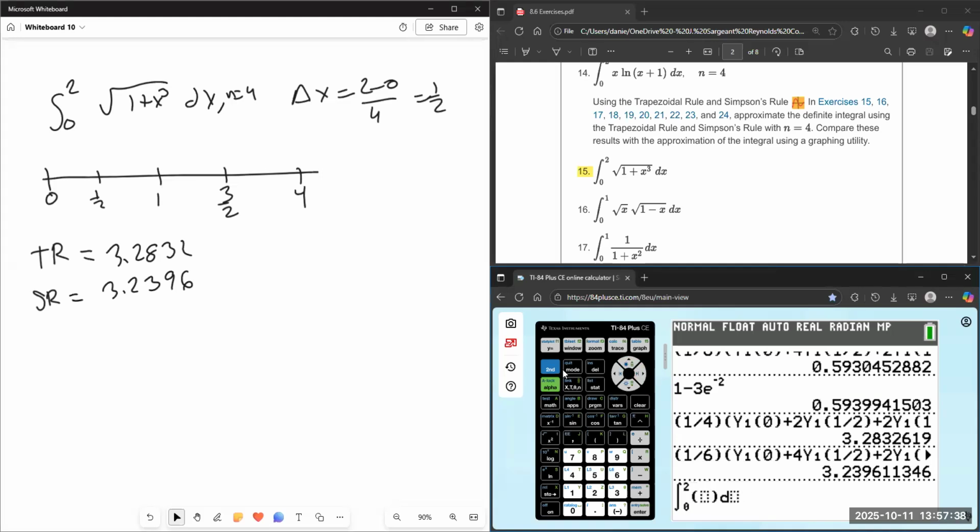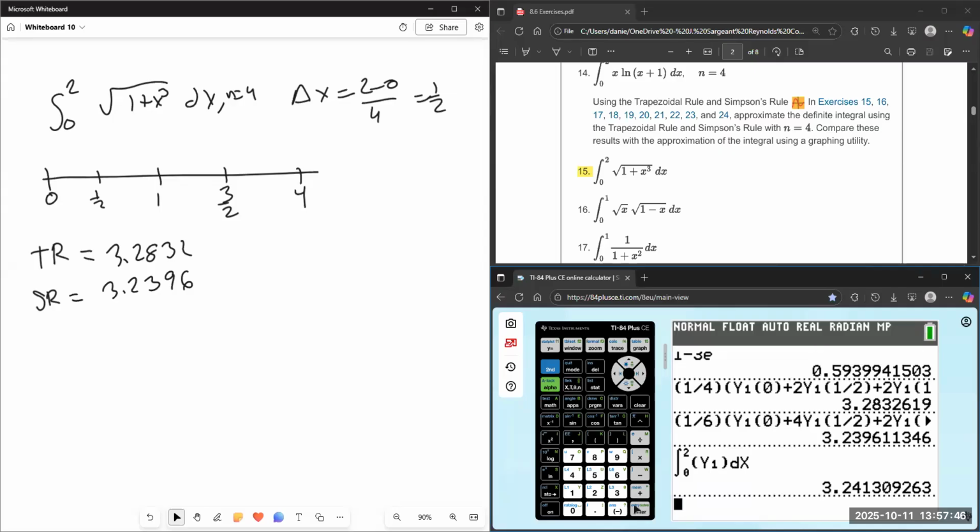And then we've got y1. I don't want to type that all in again. dx. And the exact value from the calculator is 3.2413.